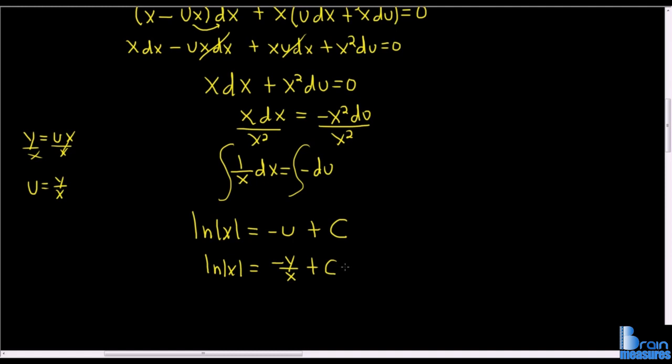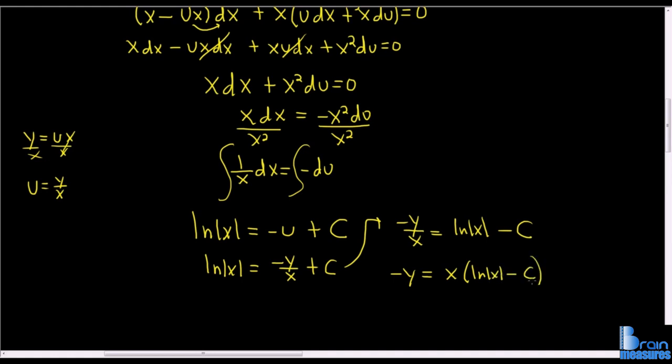If we subtract the c, we end up with negative y over x equals natural log absolute value of x minus c. And if we multiply by x, we have negative y equals x, parentheses, natural log absolute value of x minus c.